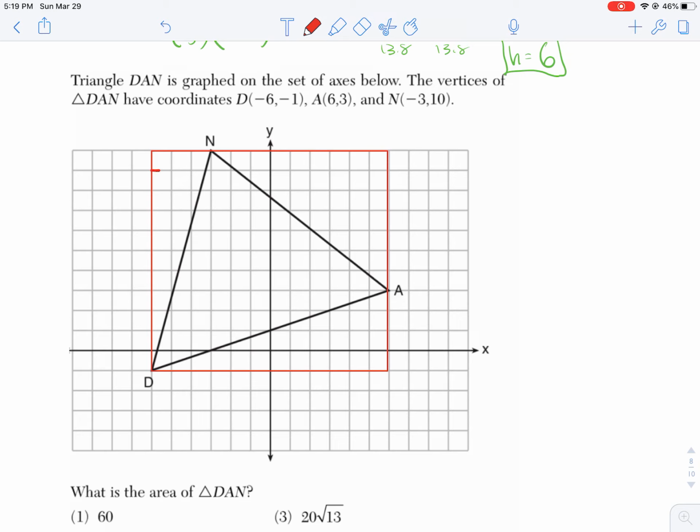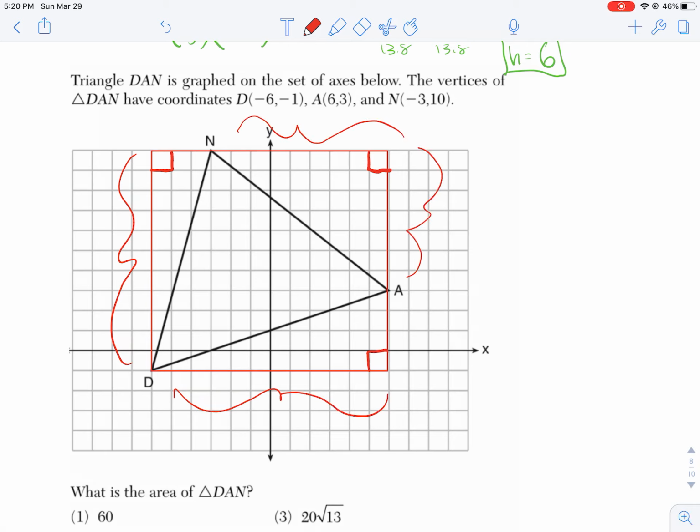Now, the reason why I enclose this triangle, because if you look, I've created 3 new triangles, which are all right triangles, which means we can find their base and their height. The base and the height. The base and the height. We can do this with these 3 particular triangles because they are right triangles, right? They give us the height right there.